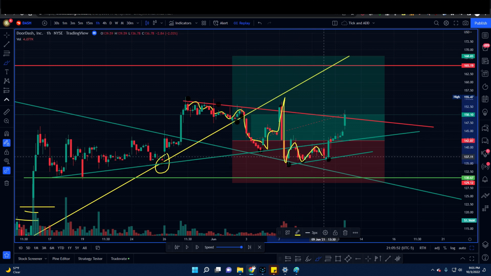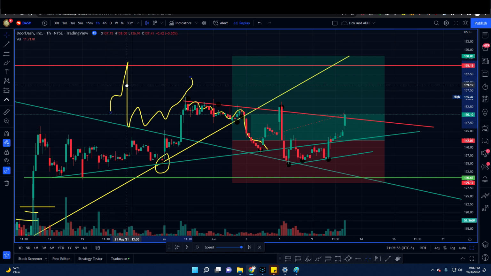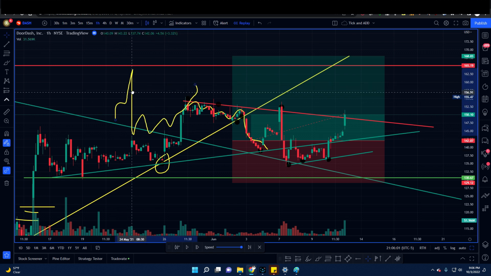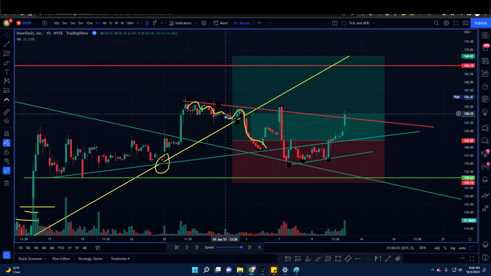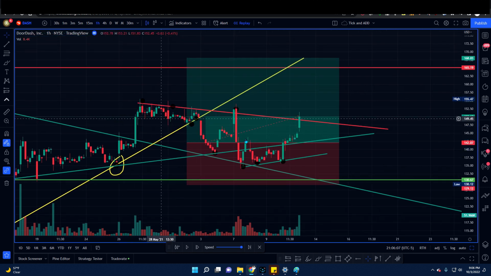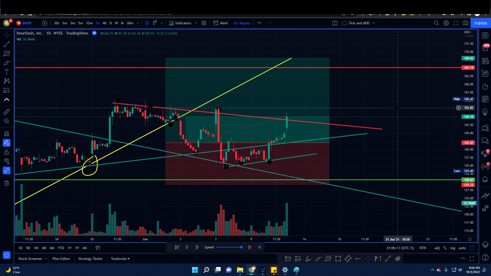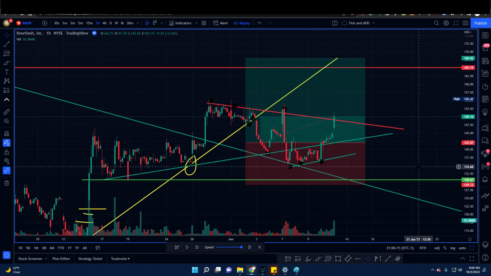Now it's come back to it and it's able to spike above it again. So this line's not acting as fully support or resistance anymore because buyers have begun to explore prices above it. So I'm not going to turn it yellow yet, but it's definitely not completely red. So we want to see a breakout and maybe a retest.